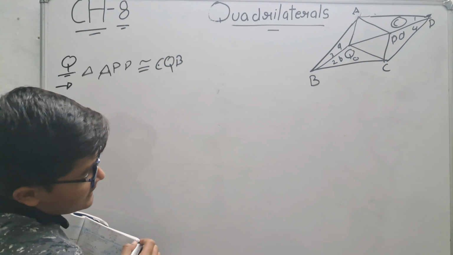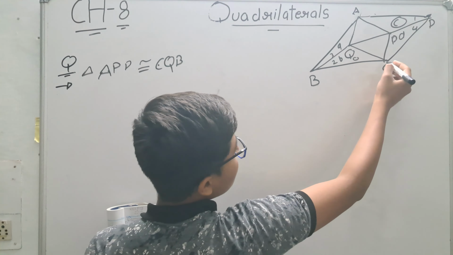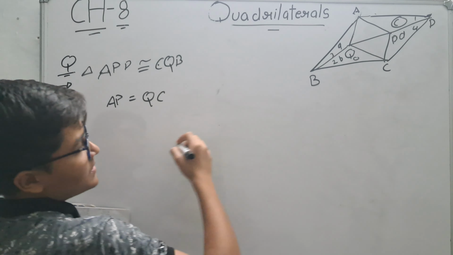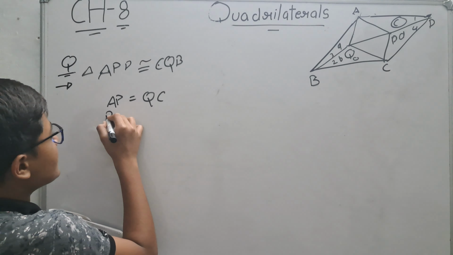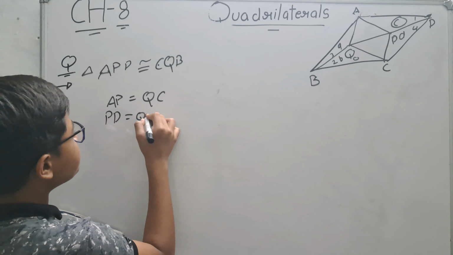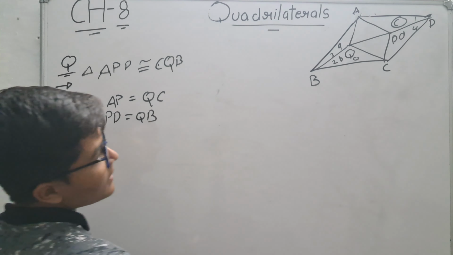So you can see here QC is equal to AP. Now you can see BQ is equal to PD. Here angle 2 and angle 1 are both alternate angles, so angle 1 is equal to angle 2.